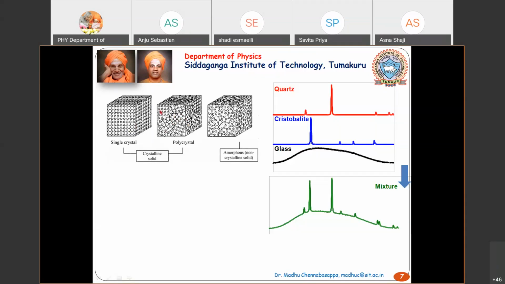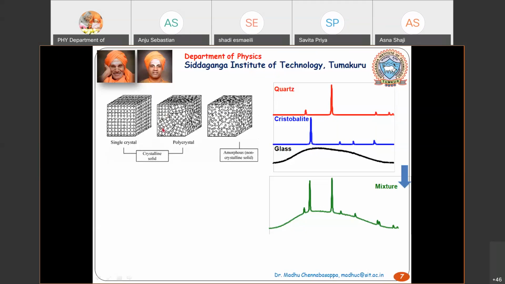If I take the next one, there is a tilt in this arrangement, but still I can have at least three rows of repeated arrangement of atoms. Okay, but when it comes to a single crystal, the entire crystal has the same arrangement. So it is just repeating the arrangement of atoms in several rows and several columns. Okay, so then this becomes a single crystal.